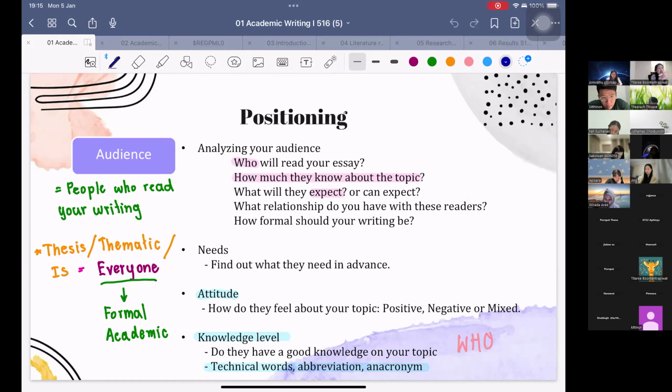The audience for a thesis or research is going to be everyone, because when you publish online, as you can see when you read a research paper from an online website, everybody can access your paper. Now a lot of people make it freely accessible, so everybody can read the work. So if everybody can read your work, your writing needs to be somewhat formal and academic.